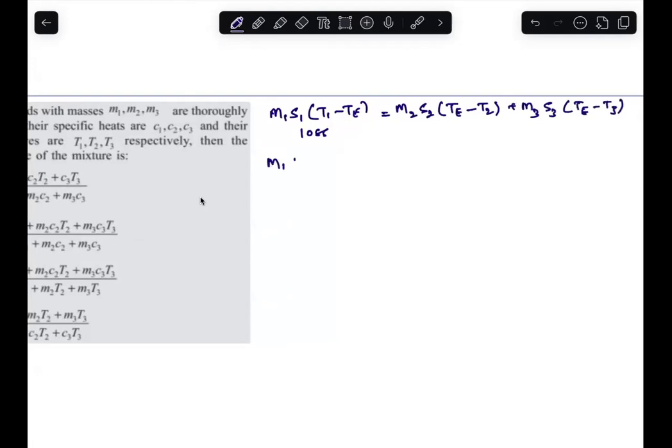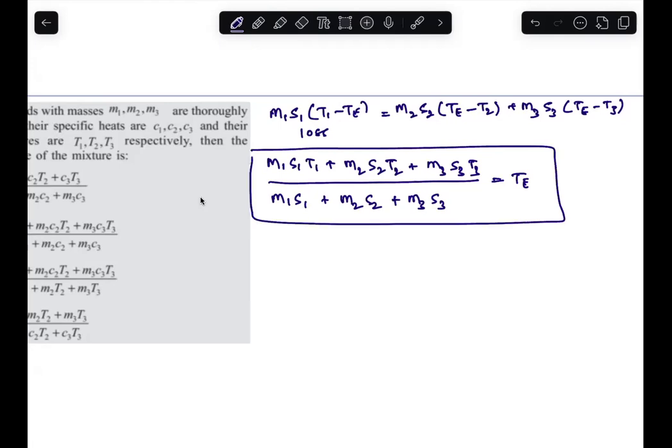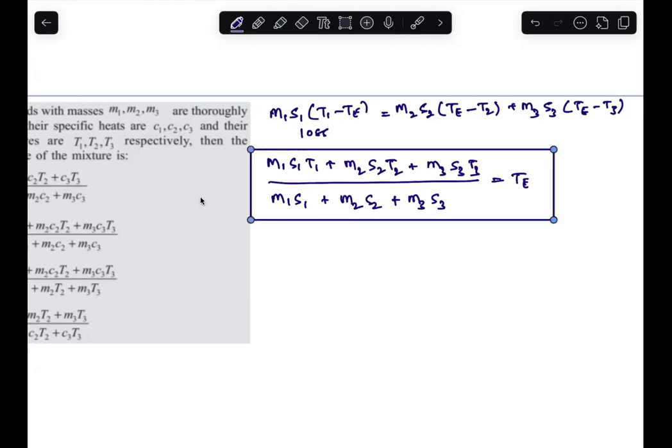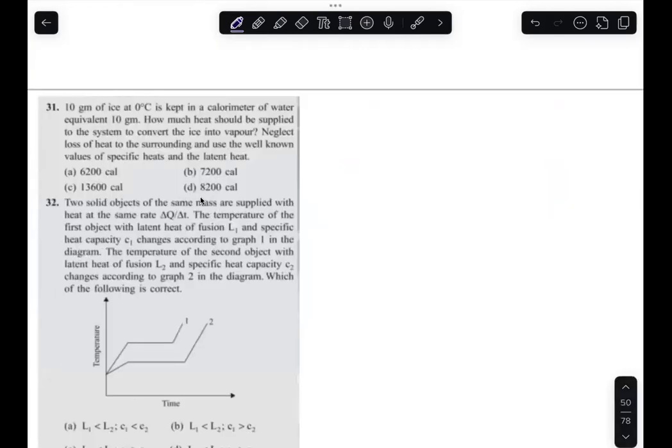So M1, S1, T1 plus M2, S2, T2 plus M3, S3, T3 divided by M1, S1 plus M2, S2 plus M3, S3 is equal to T equilibrium. This is the expression for equilibrium temperature. It's a famous relation also.